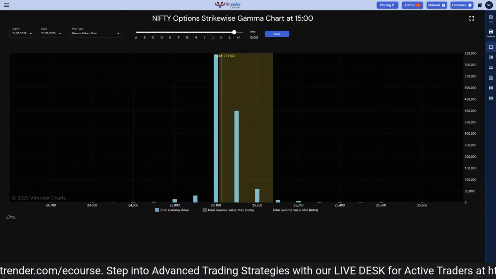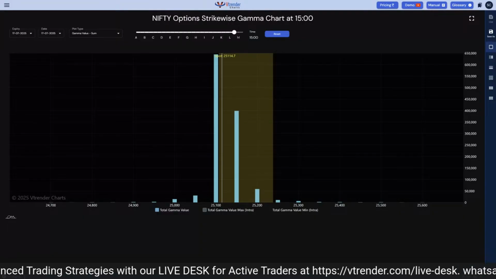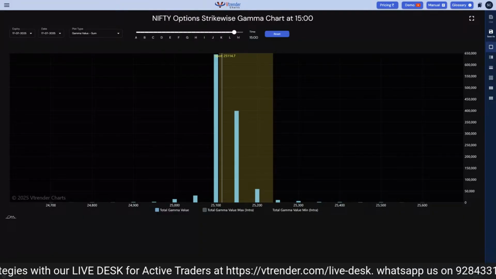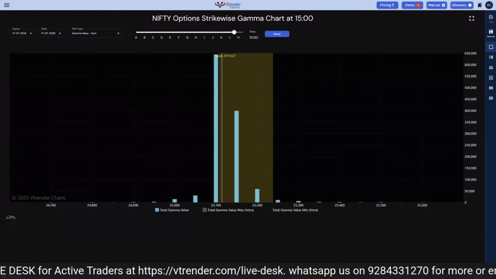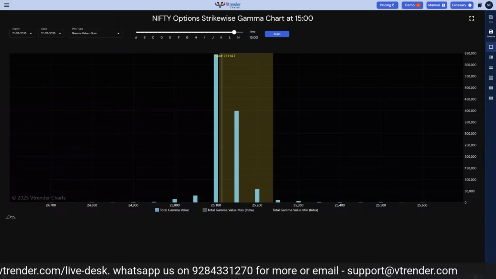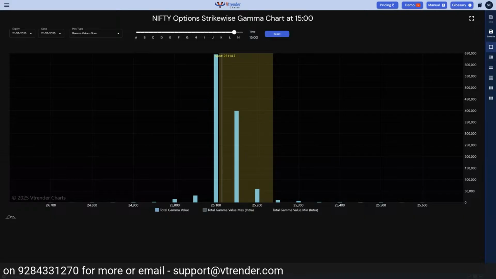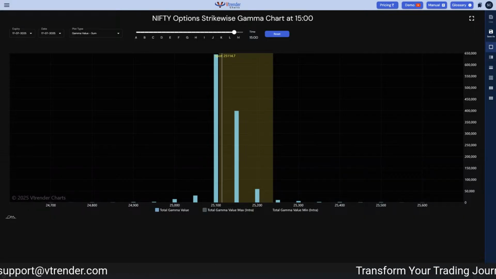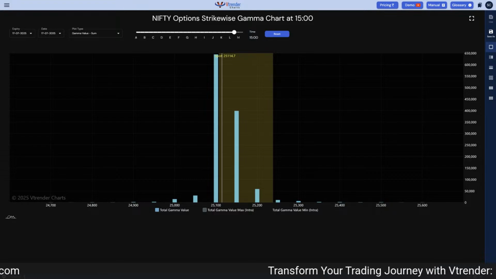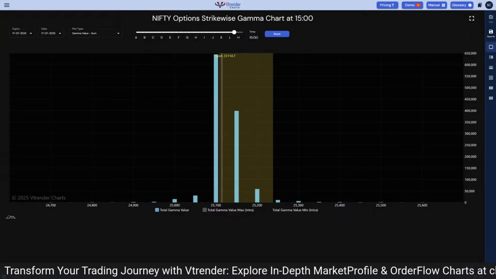Now, this is not based on some price derived factor. This is based on positioning of the market, existing trades taken in the market. So I'm not doing a calculation based on some quant or some random probability analysis of finding out what the market is expected to do. What I'm doing instead is working with the existing positioning of the market, where these positions are expecting the market to go.